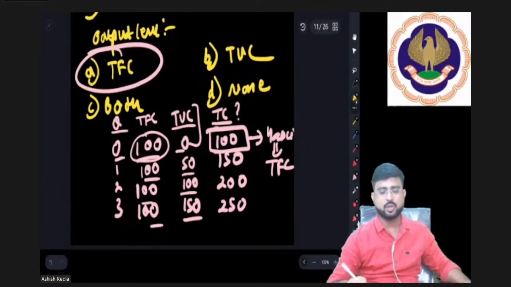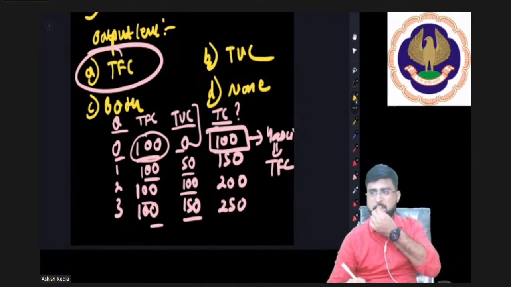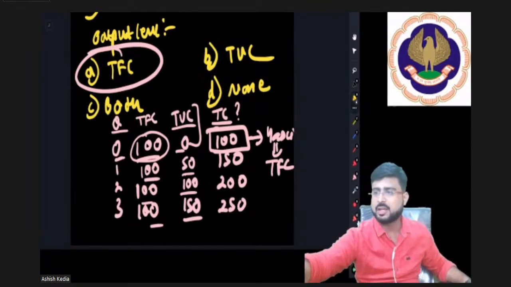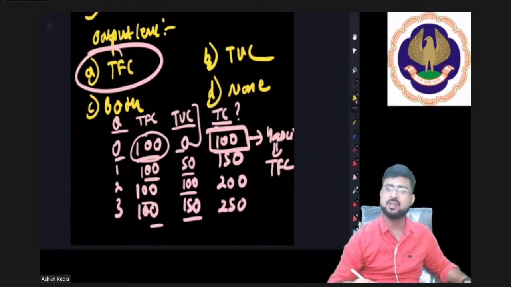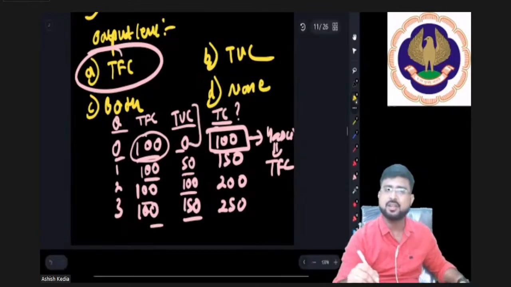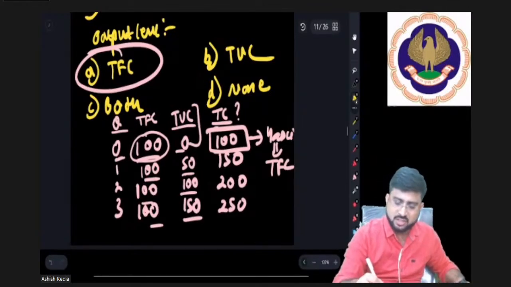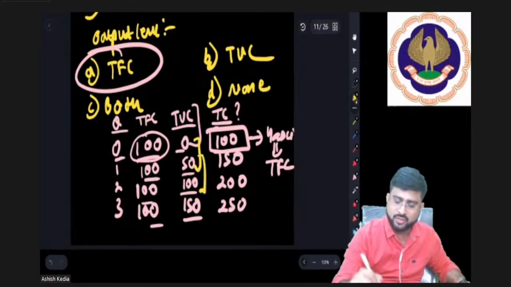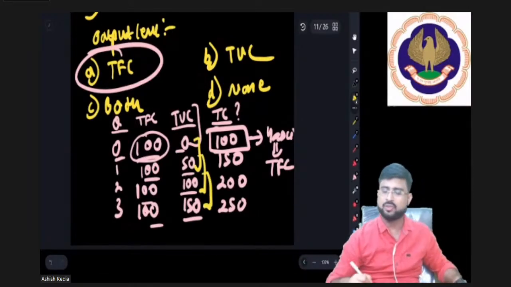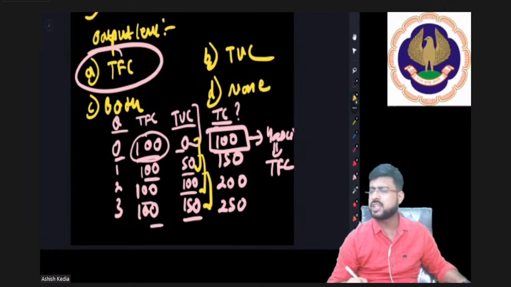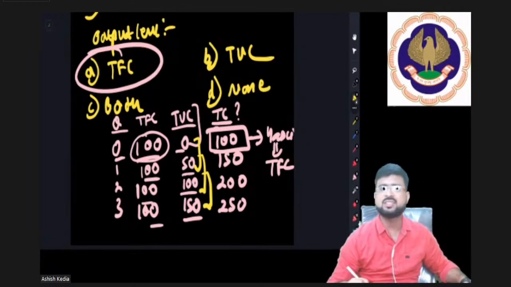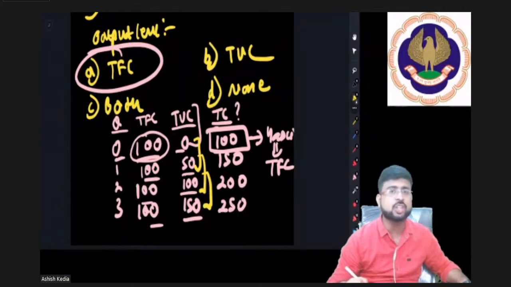But guys, next question. Come on everybody, next question. Guys, you see TVC is changing. It's changed from 0 to 50, 50 to 100, and then 100 to 150. Guys, do you think TC is changing or is it the same? If TC is changing, according to which cost is it changing?